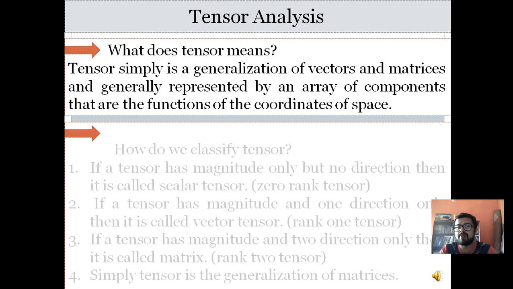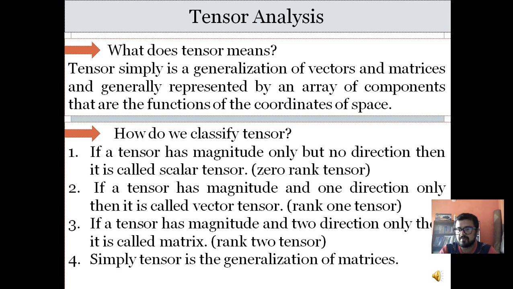Then I want to discuss how we classify tensors. Tensors can be classified as follows. First one, if a tensor has magnitude but no direction, then we can say it is a scalar tensor, or in another sense we can regard it as a zero rank tensor. But if a tensor has magnitude and only one direction, then we can consider it a vector tensor, or a rank 1 tensor.